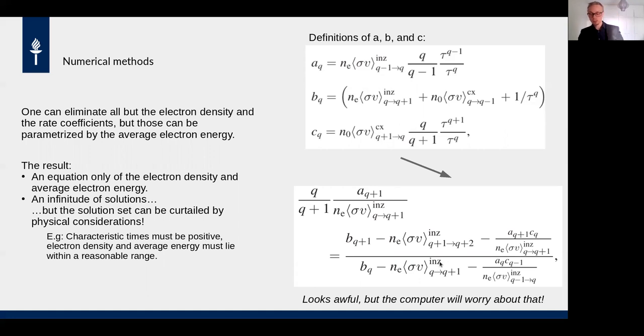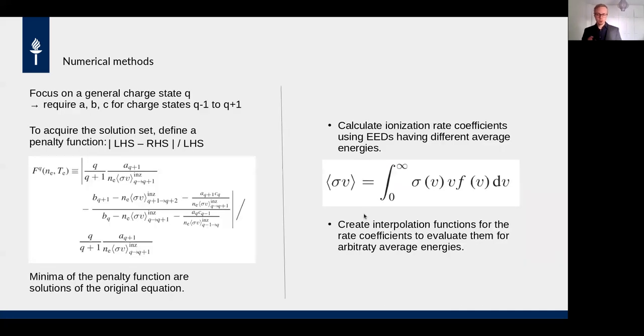Luckily, the solution set may be curtailed by physical considerations. For example, we may make the requirement that the characteristic times be positive, as they should be, but also the requirement that the electron density and average energy be within a range which one can realistically expect in an ECRIS. So, let's go over the algorithm for determining the solution set of this equation in two unknowns.